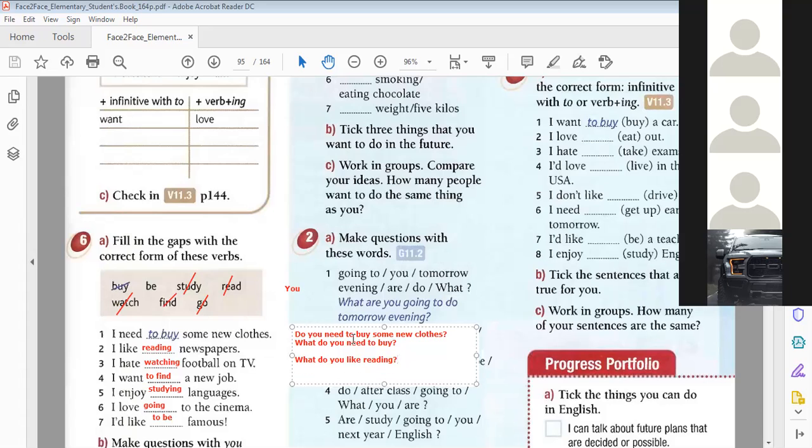Okay. Or do you like to read newspapers? Why do we use to read? Reading. Yes.